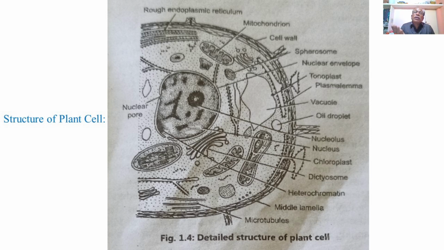Then just inside the cell membrane, there is a protoplasm or the cytoplasm, which is a semi-fluid substance enclosing cytoplasmic organelles or inclusions and cytoplasmic structures. Cytoplasmic structures represent cytoplasmic organelles and cytoplasmic inclusions represent dissolved organic and inorganic substances in the cytoplasm.